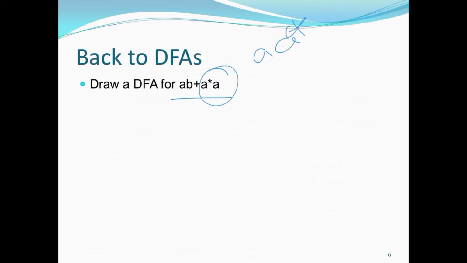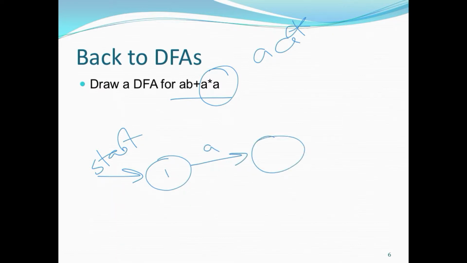So if I'm drawing a DFA for AB plus A star A, I guess I have my start, and then if I see an A, I end up at state 2. And after that, maybe I see an A and then a B, in which case I accept.